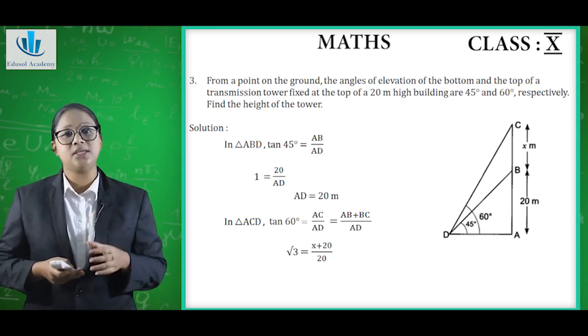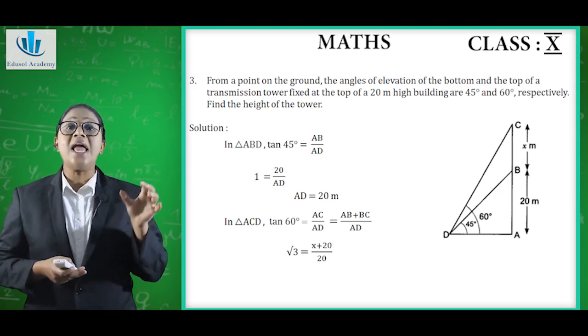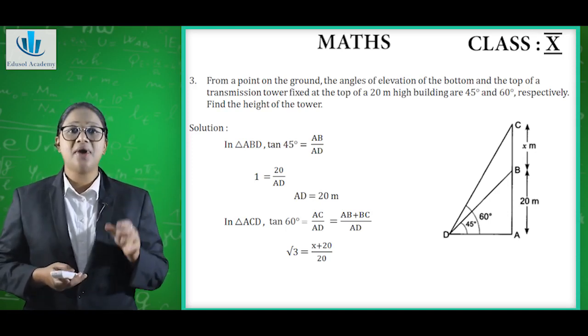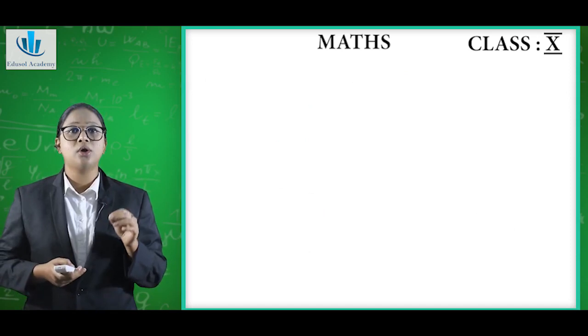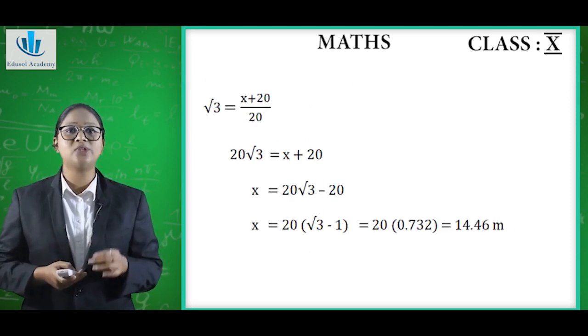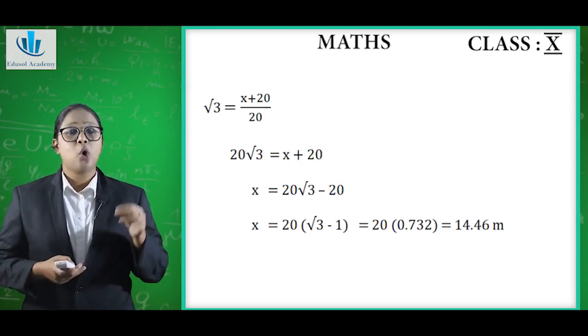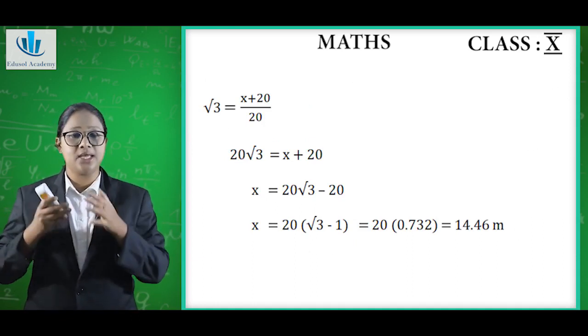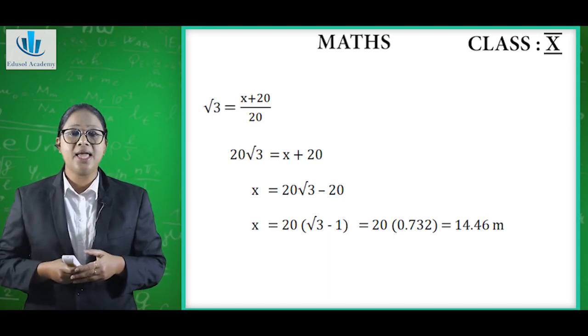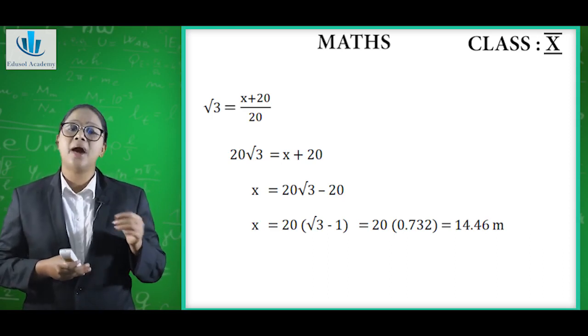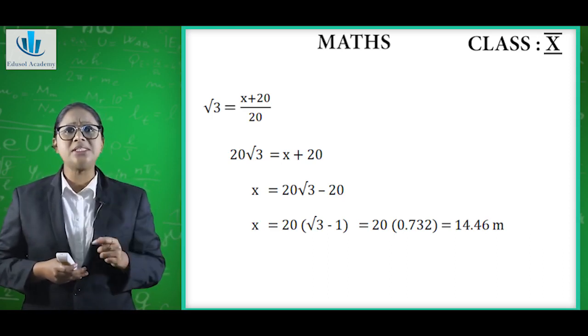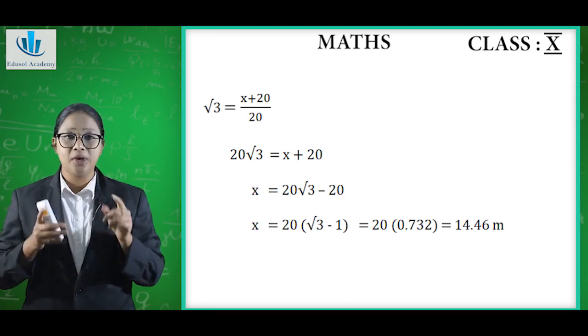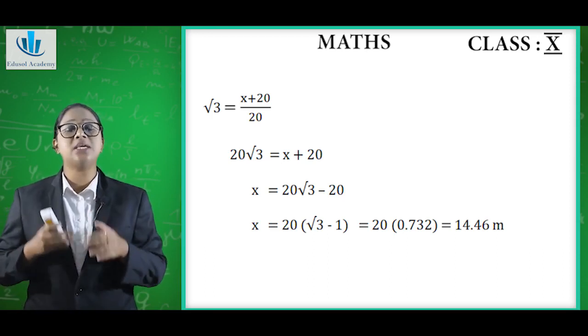Tan 60, root 3. So tan 60 is equal to, what is AB and what is BC? X and 20. So numerator will be X plus 20 divided by 20, or 20 root 3 is equal to X plus 20, or X is equal to transposing like terms to one side and isolating X at one other side. We will get 20 root 3 minus 20. Now we can see that 20 is common in both the terms, so you can take 20 out.